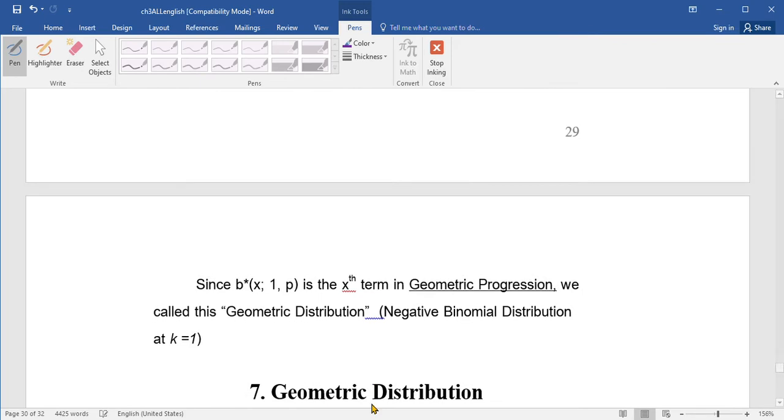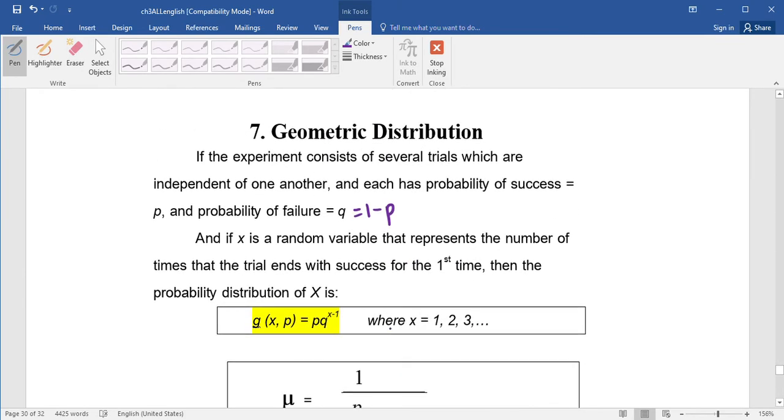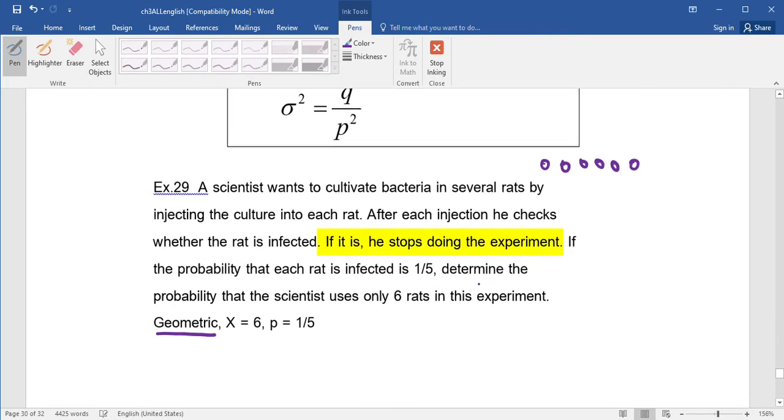That is a geometric experiment. You do the experiment until you get success for the first time. X represents the number of times you do the experiment until you get success. So here you want to know the probability of the scientist using 6 rats in this experiment.